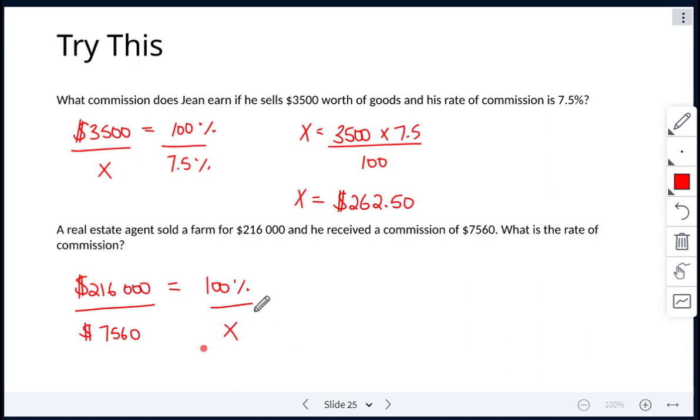Meaning, what percent commission is he getting? All right, so that is what we're solving for. So again, cross multiply 7,560 times 100 divided by 216,000. All right, and you get your percent. He gets a 3.5% commission.